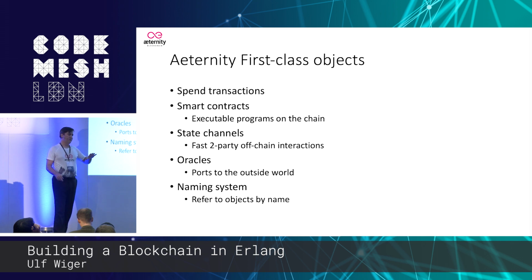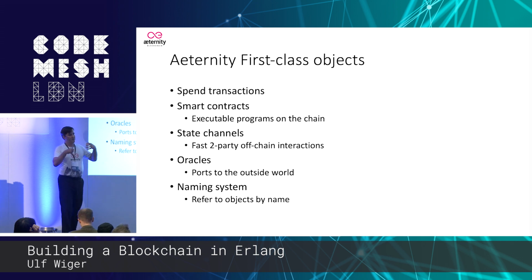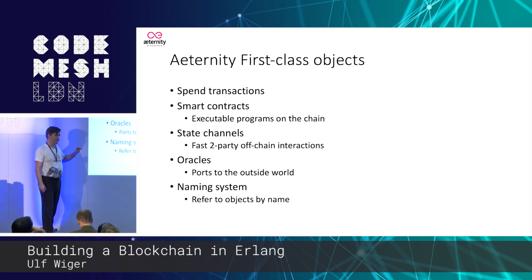Nowadays, a lot of the research and ideas, and many of the alternative blockchain systems, are essentially derivatives of either Bitcoin or Ethereum. And a lot of the features, which I'm going to mention briefly here, are built mainly as smart contracts on top of Ethereum. So we're trying to make them into first-class objects.